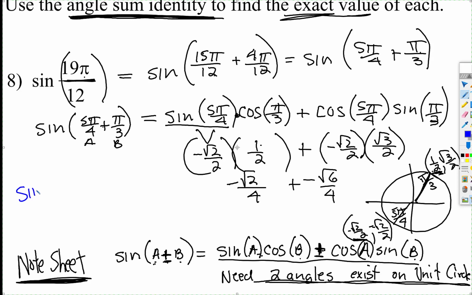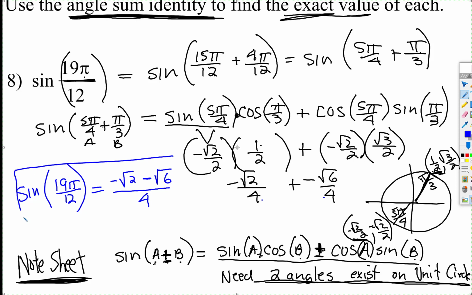This is what your final answer would look like. Sine of 19 pi over 12 equals, they both have the same denominator, so we can put that over 4, negative root 2 subtract root 6, or plus negative root 6. That's the form, but you would have to show all of this work.